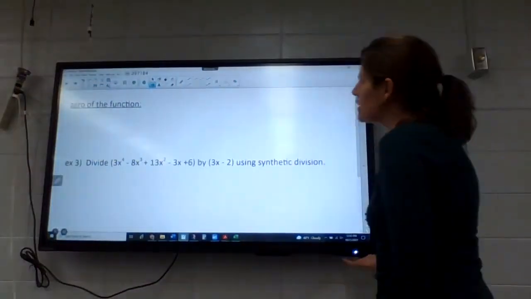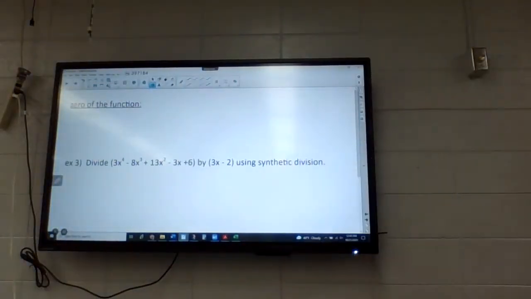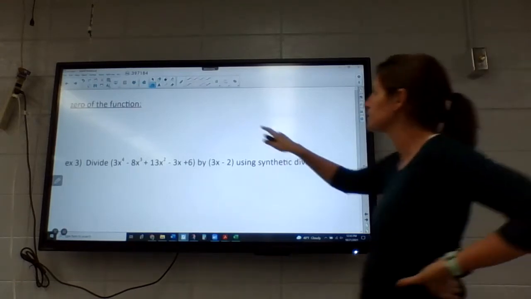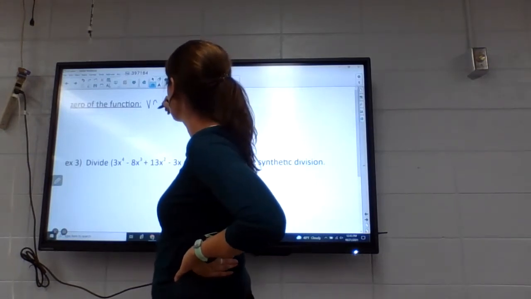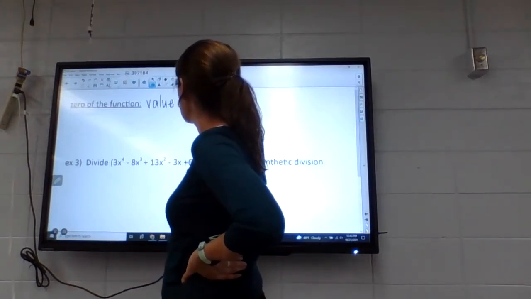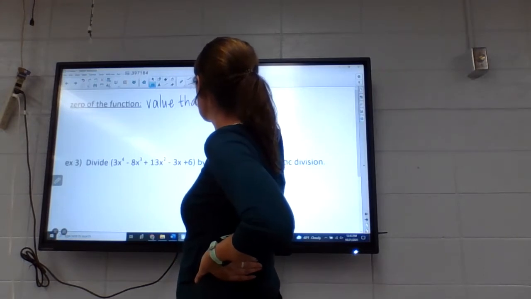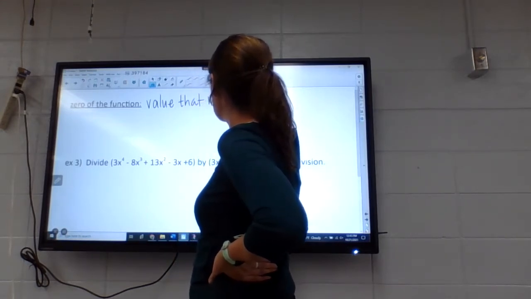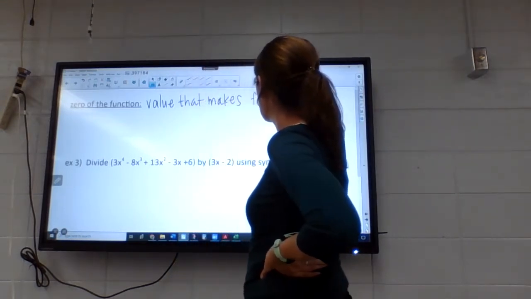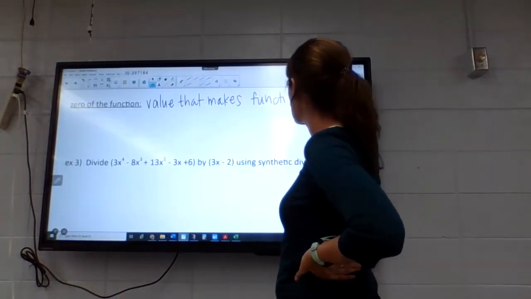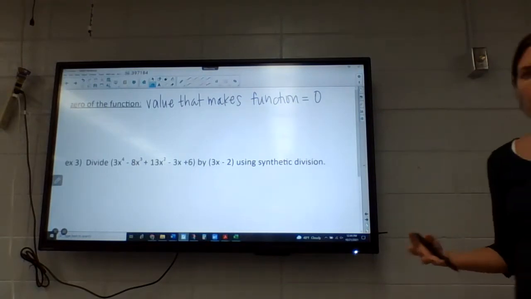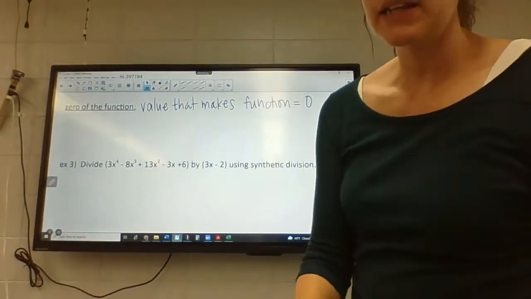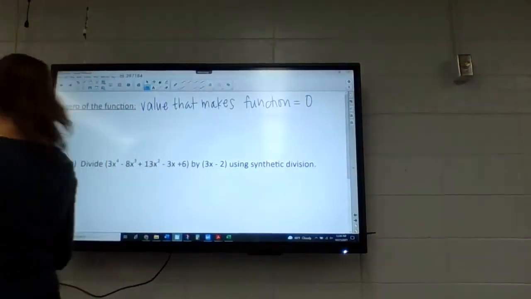A zero of the function is basically a value that makes the function equal 0. Another way to talk about a zero of the function is that it's like the solution to a factor.